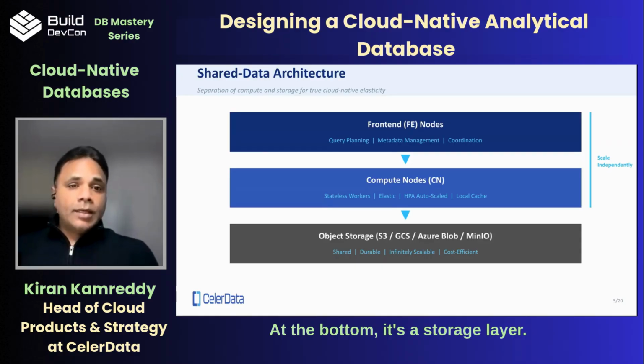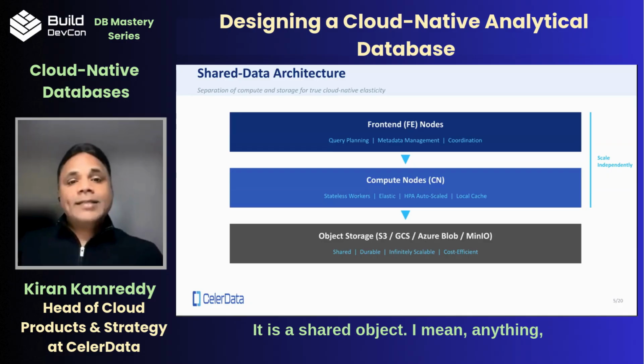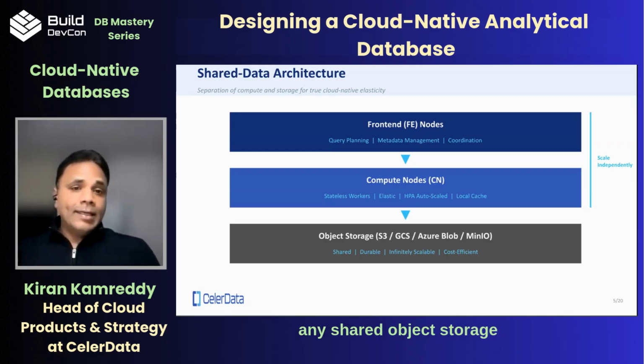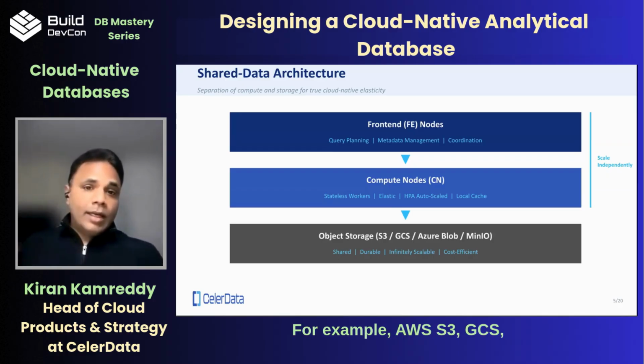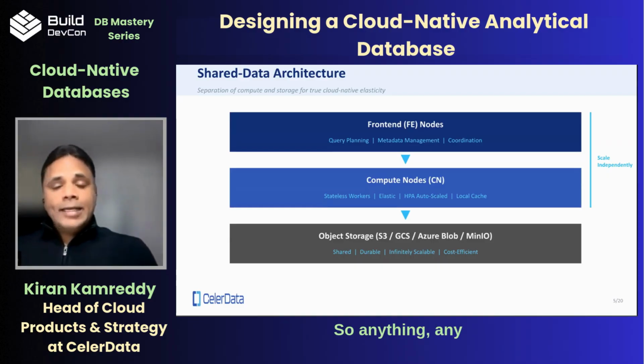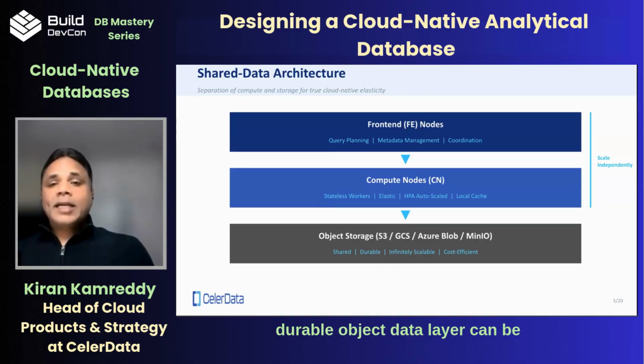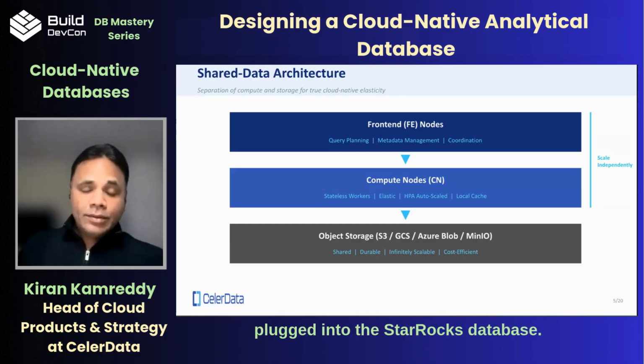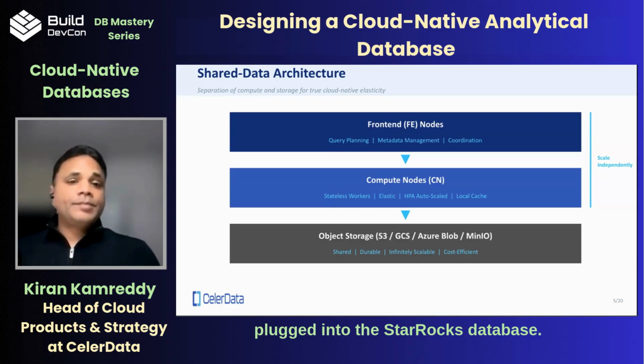At the bottom, it's a storage layer. It is shared object storage. Any shared object storage can be used, for example AWS S3, GCS, Azure Blob, MinIO. So any durable object data layer can be plugged into the StarRocks database.